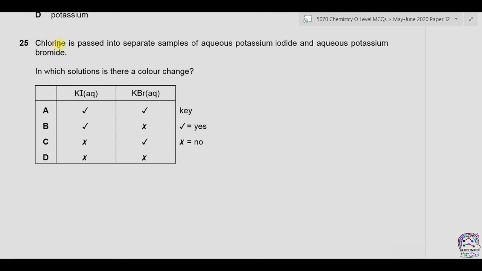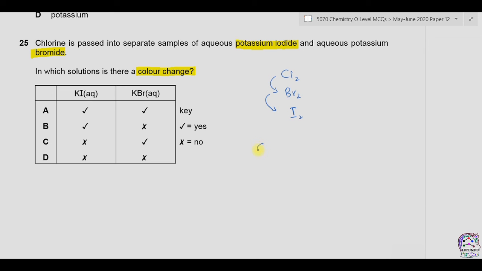Question 25. Chlorine is passed into separate samples of aqueous potassium iodide and aqueous potassium bromide. In which solutions is there a color change? Now we have chlorine, bromine and iodine. As we know, down in the group the reactivity of element decreases, so therefore chlorine can displace bromine and bromine can displace iodine.